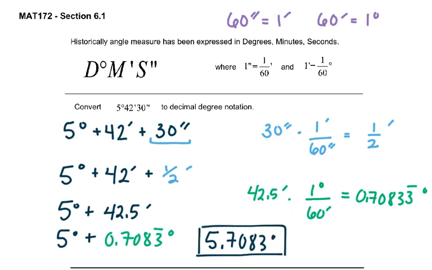So in this example, we converted degrees, minutes, seconds notation into a decimal degree notation. And so when you get into some word problems dealing with geography or measuring distances, even like thinking about a map and distances on a map, you're going to see those degrees, minutes, seconds, and you want to know how to deal with them.